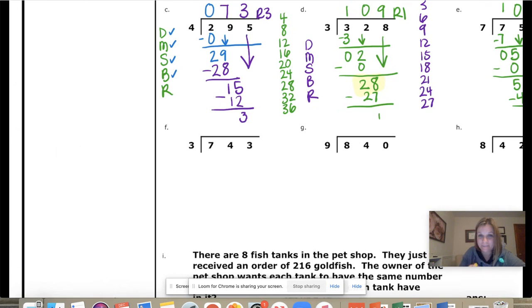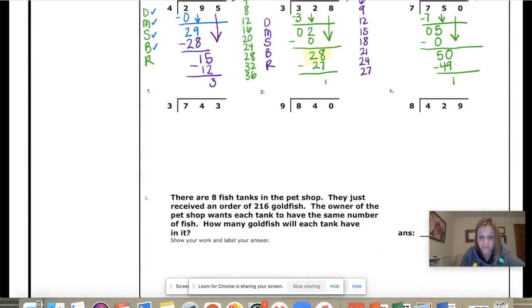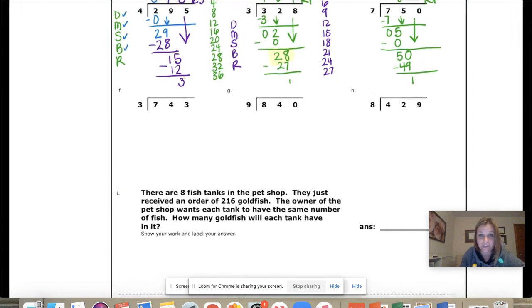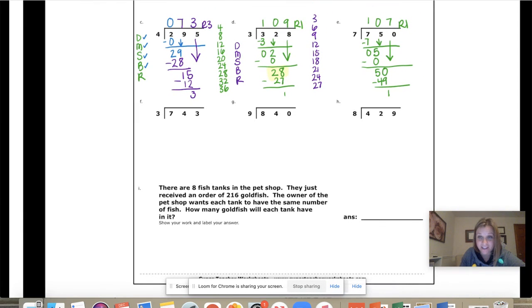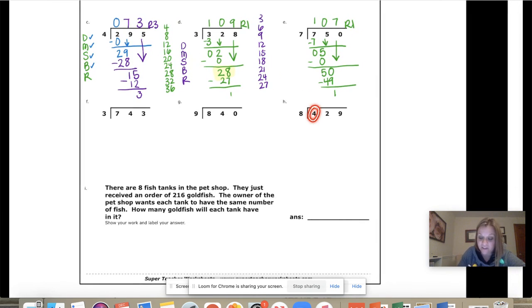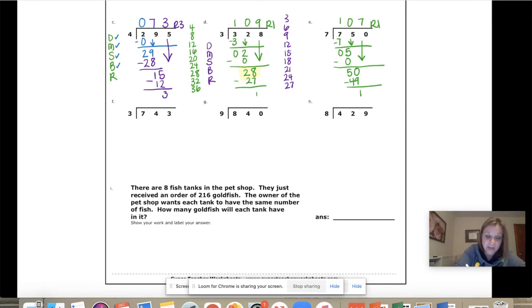Let's go ahead. You have 3 problems left here, okay? And then you have a story problem. Just looking at this, I can tell already that this problem right here is going to have that 0 rule. And right here, we have another 0 rule. So keep in mind, this digit right here is going to be 0, and this is going to be 0 here.